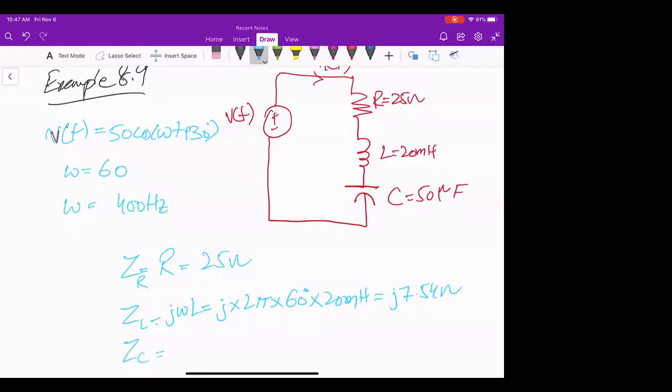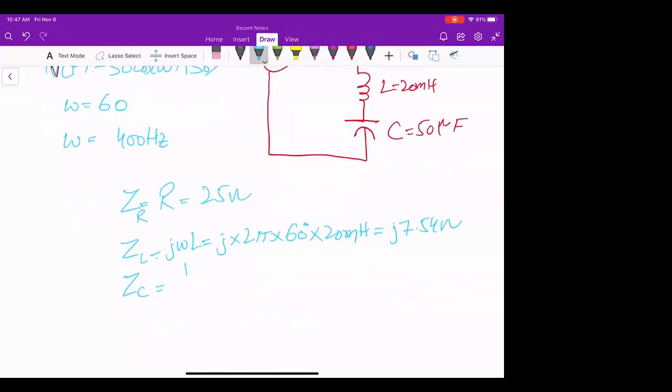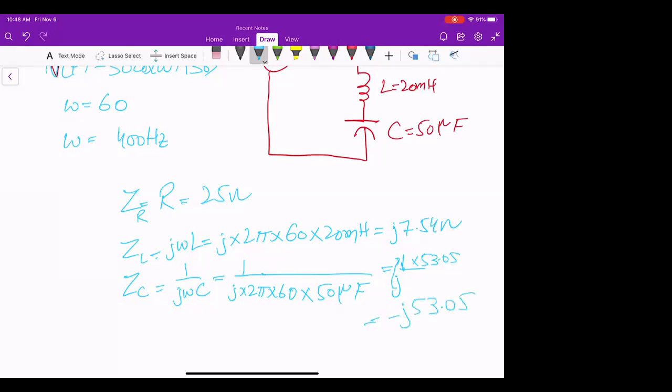Similarly, ZC is 1 over J omega C, which will be 1 over J into 2 pi into 60, not degree, it's 60 hertz, into 50 microfarad, that's equal to 1 over J into 53.05. Now, if you want to make J up, it will be minus J 53.05.